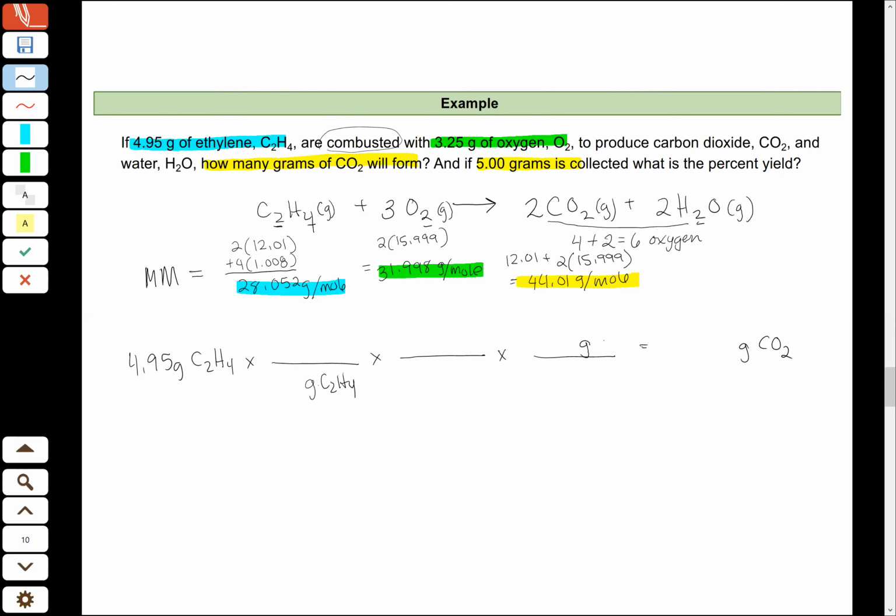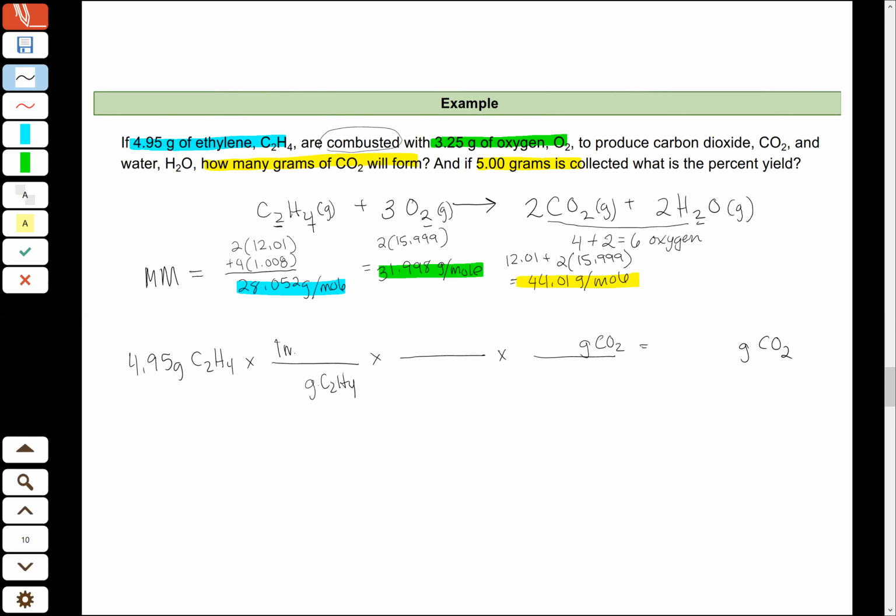And I know no matter what, I want to end up in grams of CO2 because those are the units I want. And it's my molar masses that have my actual mass to mole units in them. So once I place this grams of C2H4 down on the bottom of my first conversion factor, it tells me that I'm going to use the molar mass of C2H4.